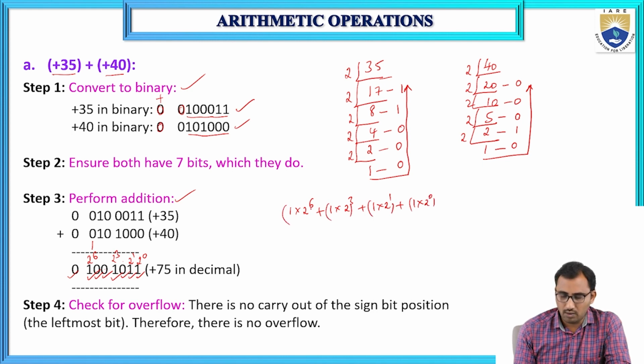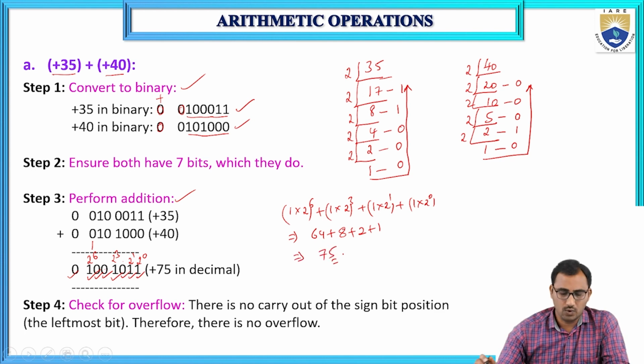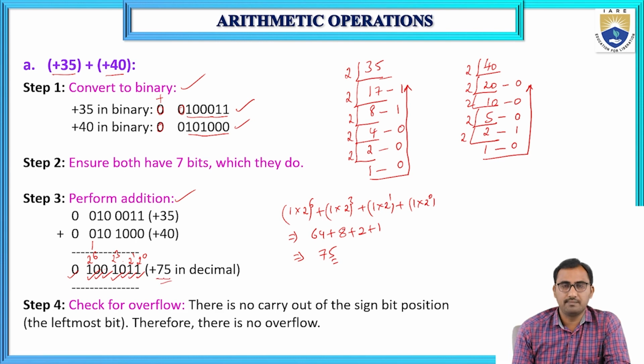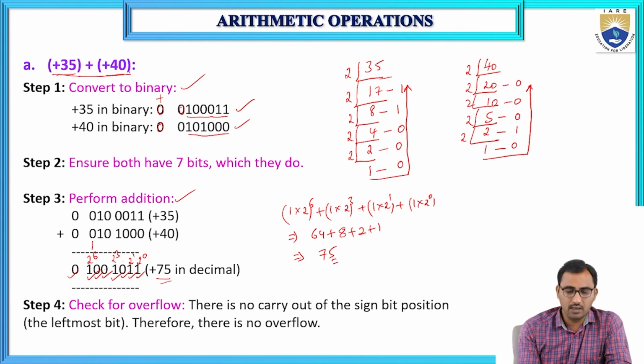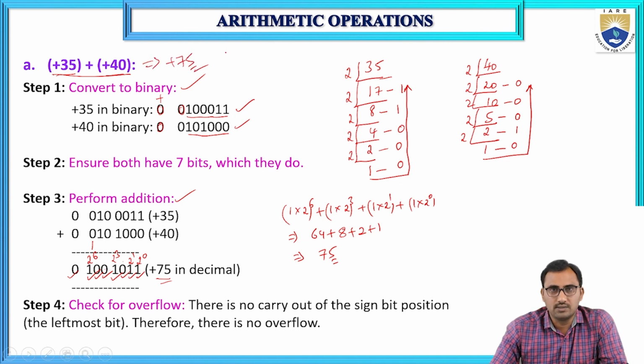We add all these to get the decimal value: 64 plus 8 plus 2 plus 1. If you add all these, you get 75. So if you add plus 35 and plus 40, you get plus 75. That is the answer.